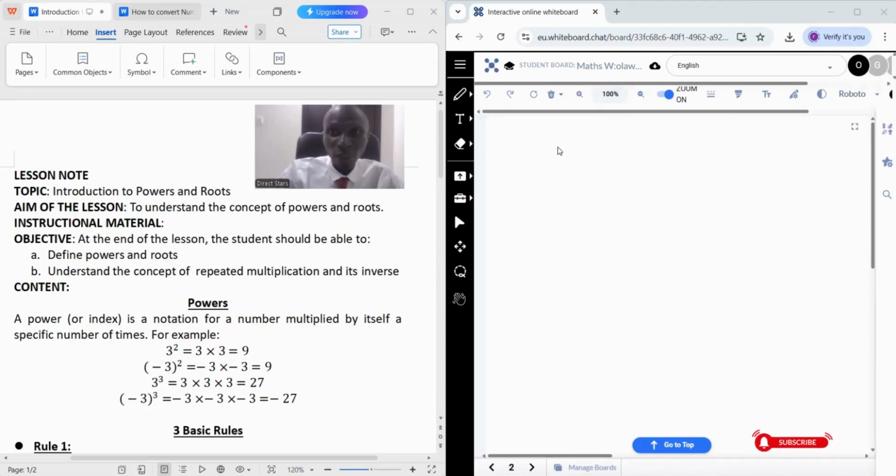Let's say, for instance, if we have y raised to the power 2, this y is called the base, and this 2 is called the power or the index. And we can have this y raised to the power 2 as multiplying y in two places. So we can have this to be y times y.